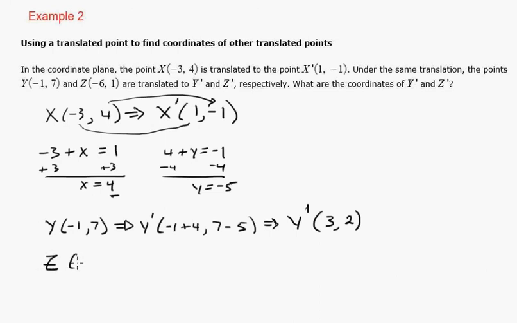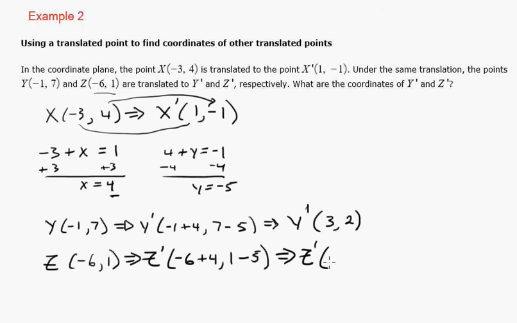Z is a negative 6 and 1. And so now we're going to apply these translations. So negative 6 plus a 4 and 1 minus a 5. So z prime becomes negative 6 plus 4. That'd be a negative 2, and then negative 4 is what I get.